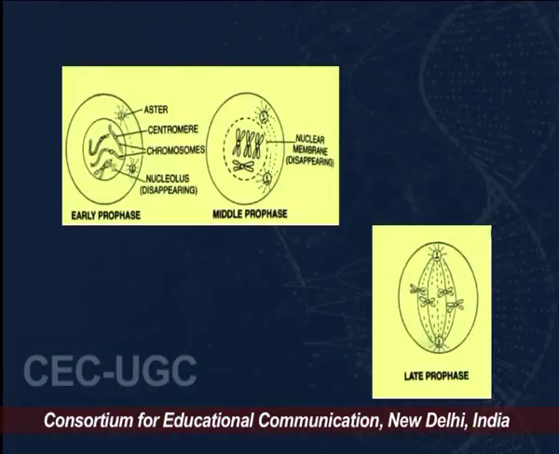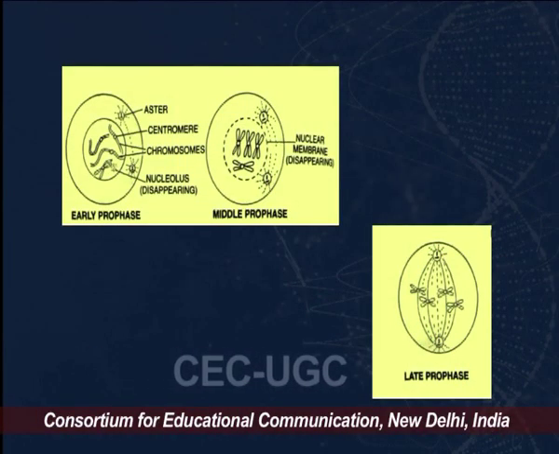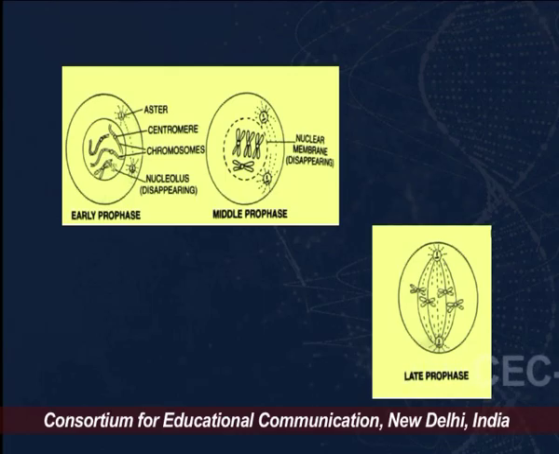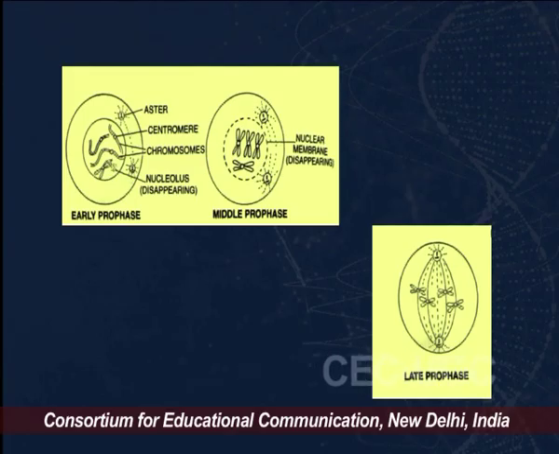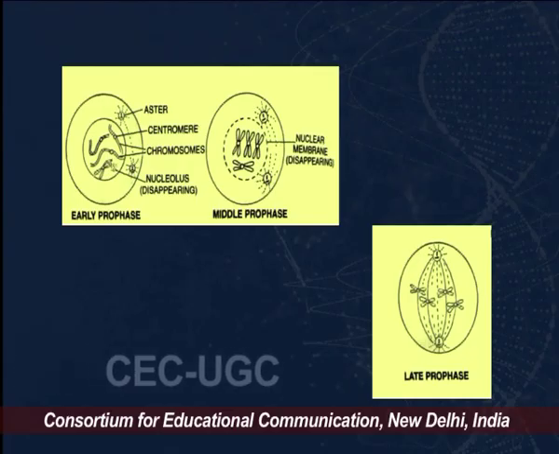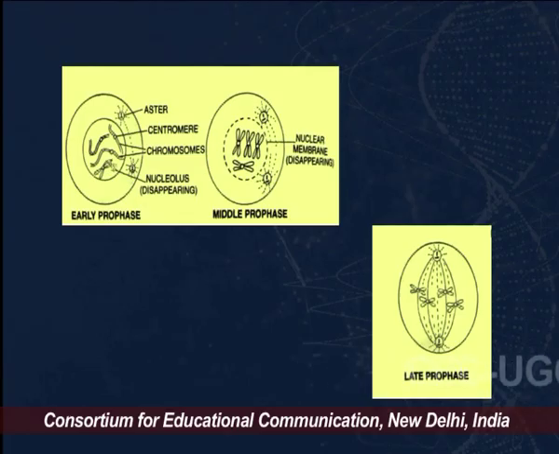So, these are the three prophase substages: early prophase, middle prophase and late prophase. In the first one, the chromosomes have started moving to the periphery and the asters start developing. In the middle prophase, the nucleolus started disappearing and the nuclear membrane also started disappearing, and the condensation of the chromosomes is happening.